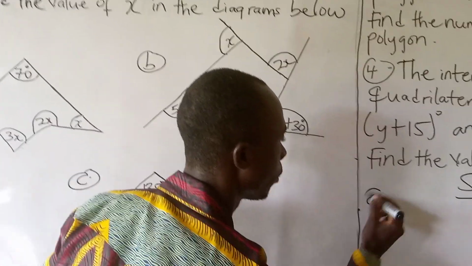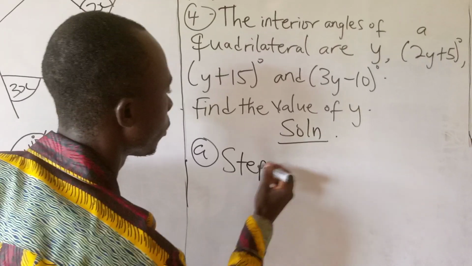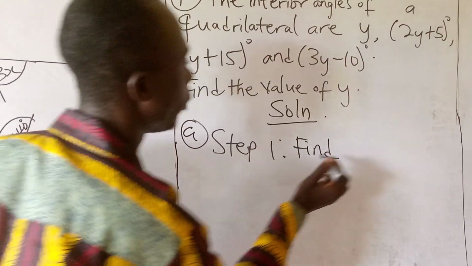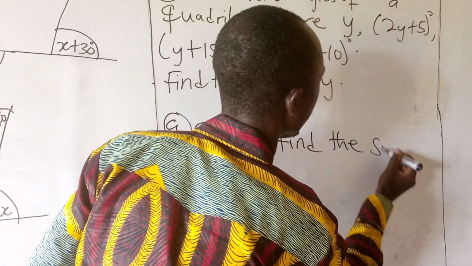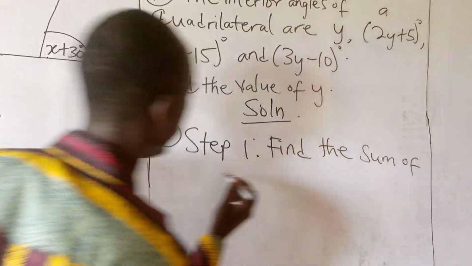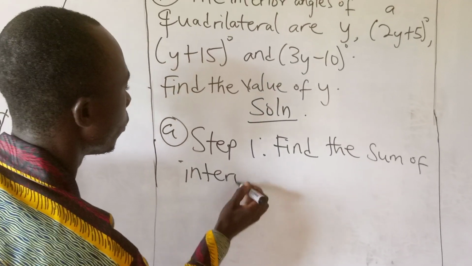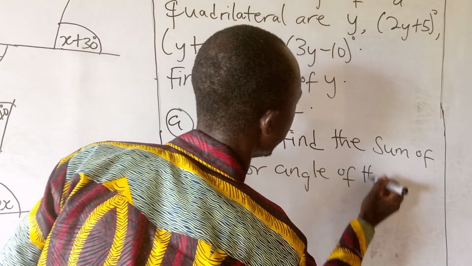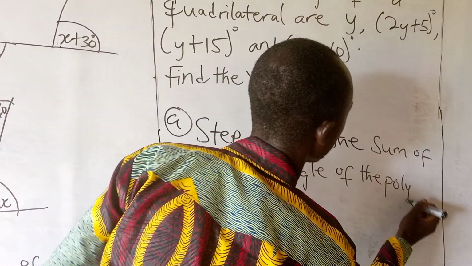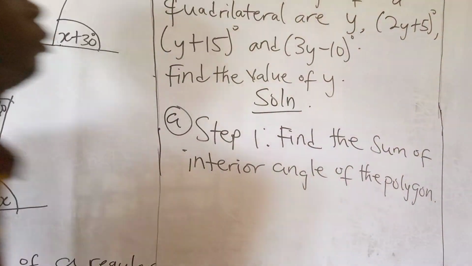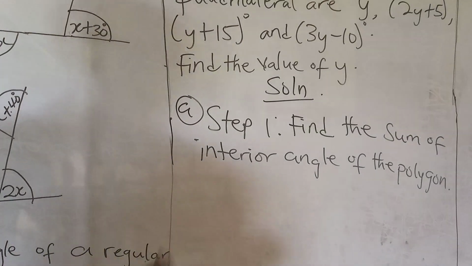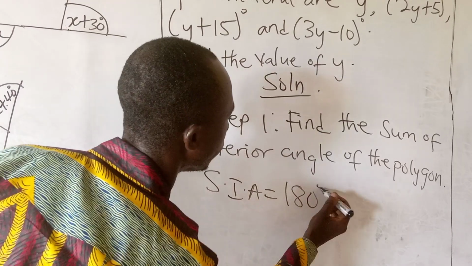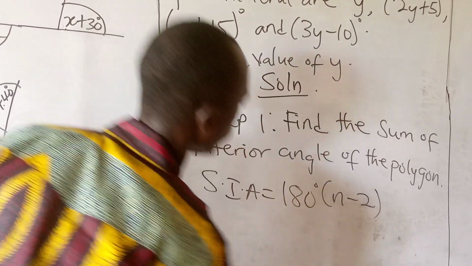So A, step 1, find the sum of interior angle of the polygon. And we know our sum of interior angle as 180 bracket n minus 2.